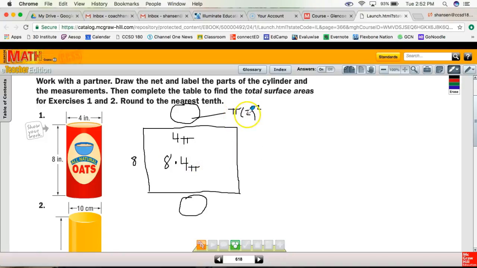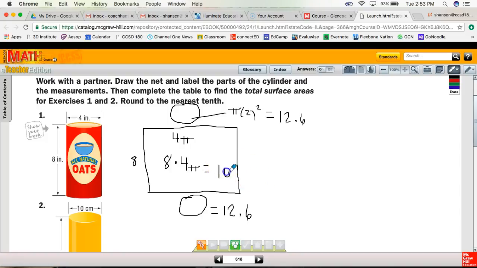So 2 squared is 4 times pi, so this is 4 pi, which is 12.6, rounded to the nearest tenth. That means this is also 12.6 down here, rounded to the nearest tenth. And then all I'm left with here is 8 times 4 is 32 pi, which is 100.5.